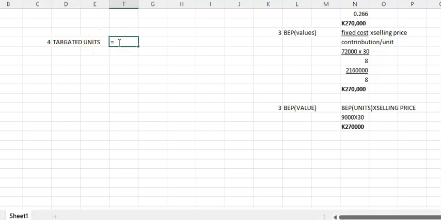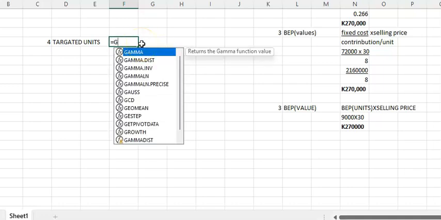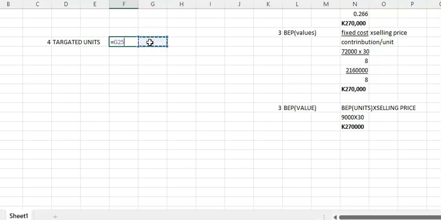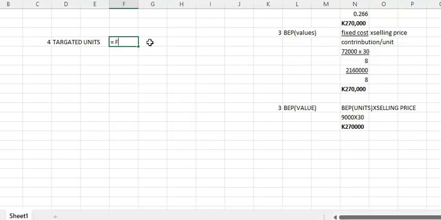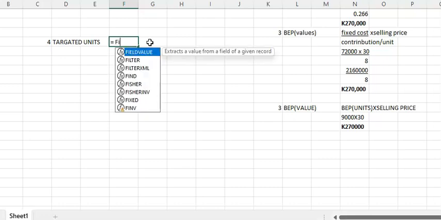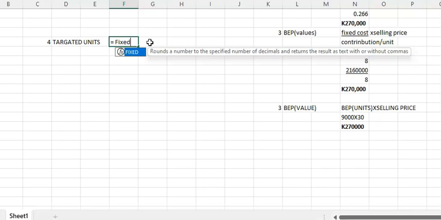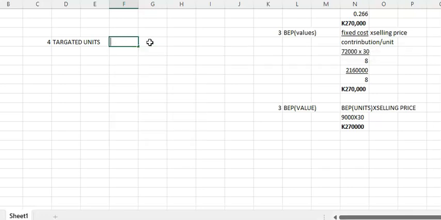Targeted units will be equal to fixed cost plus targeted profit, divided by contribution per unit.